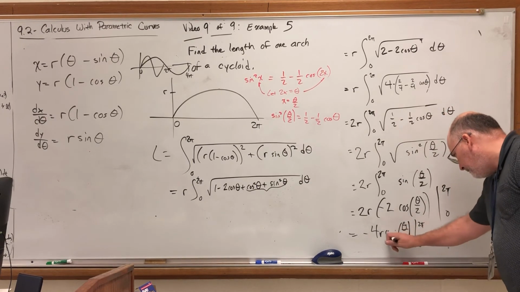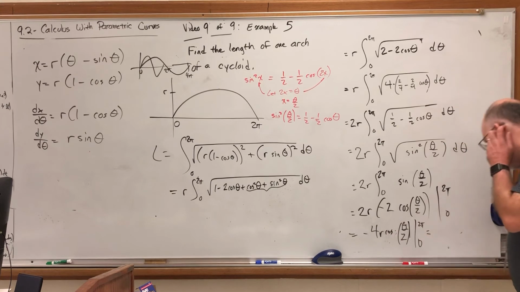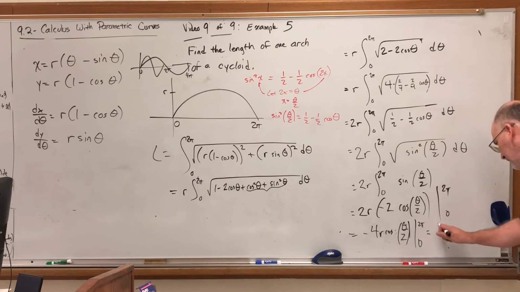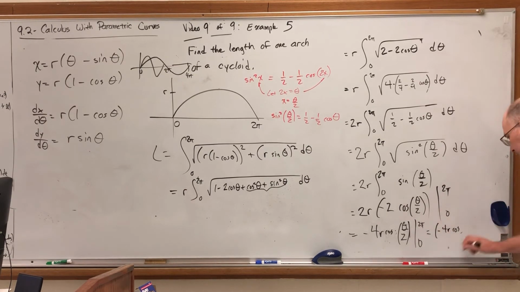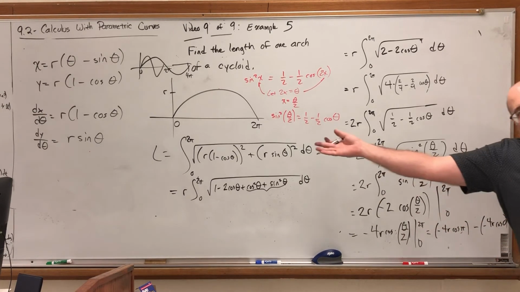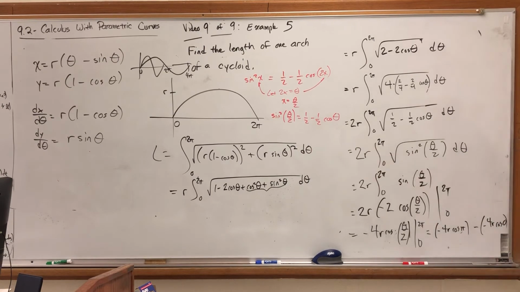And in cleaning it up, I made it kind of messy. All right, let's put in 2 pi. Negative 4r cosine of 2 pi over 2, which is pi, minus negative 4r cosine of 0 over 2, which is 0. Cosine of pi, cosine on the left side of the unit circle, is negative 1.